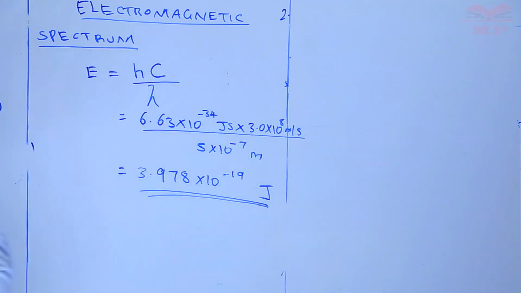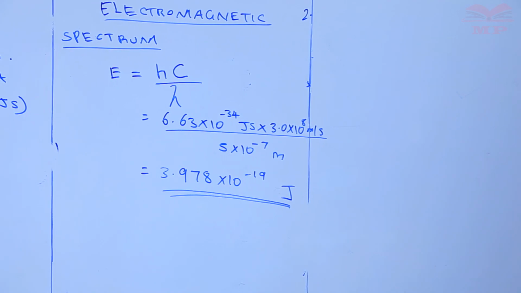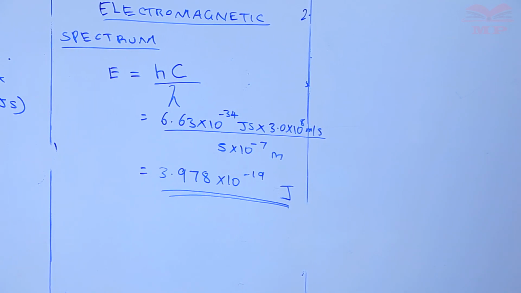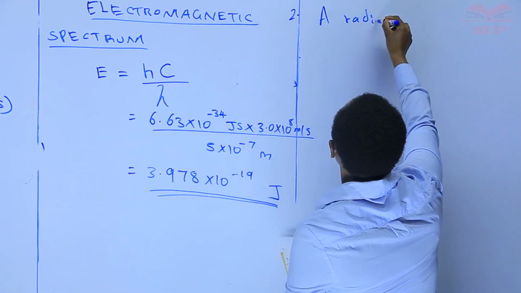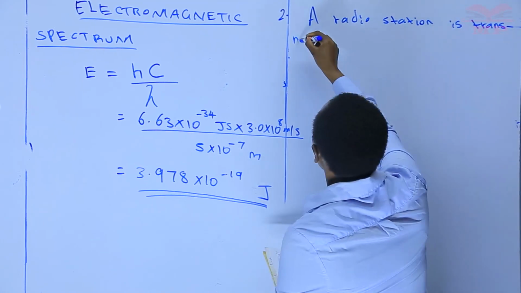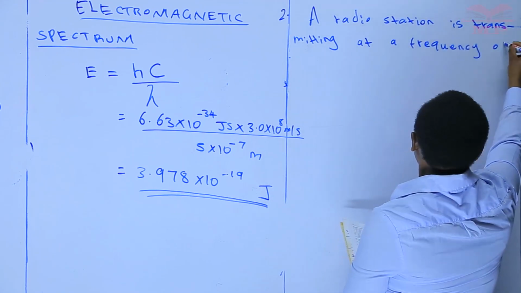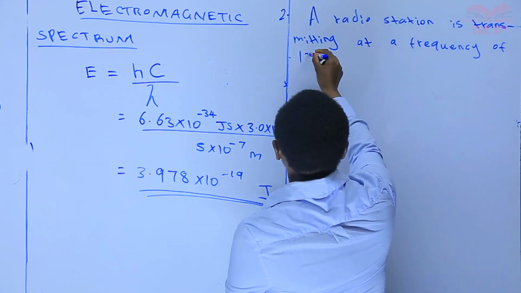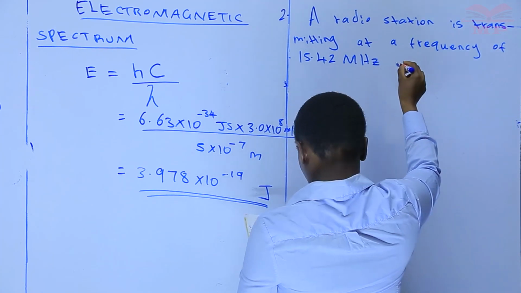So example number 2: a radio station is transmitting at a frequency of 15.42 megahertz.